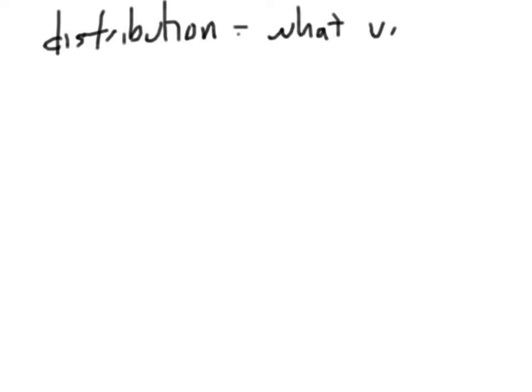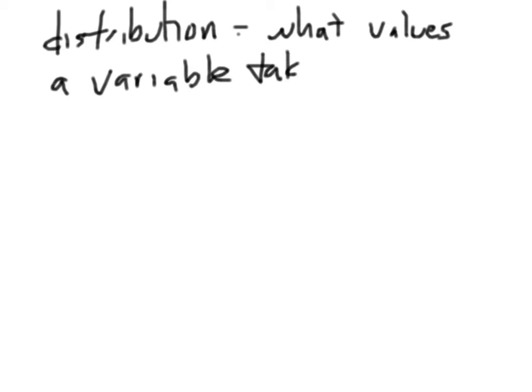An important term we're going to look at all year really is the term distribution. It's a really important idea we're going to look at over and over again. Distribution really just means what values a variable takes and how often it takes them.